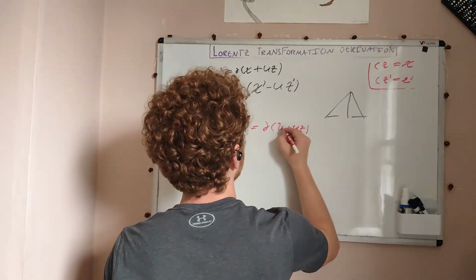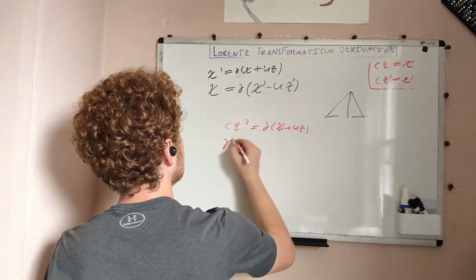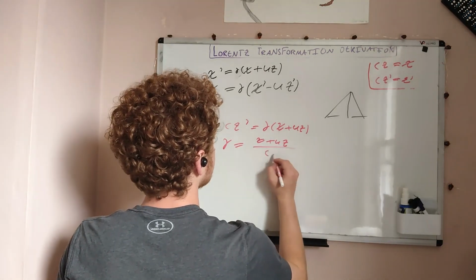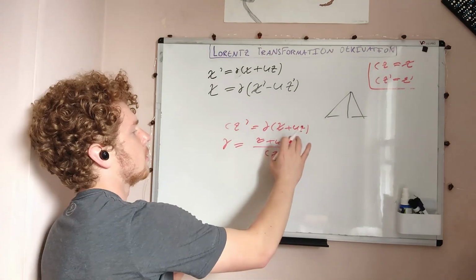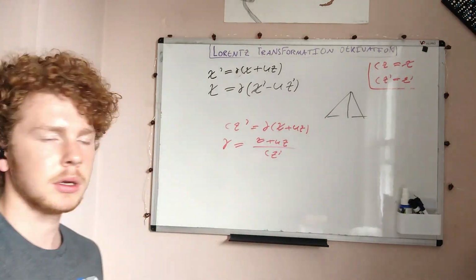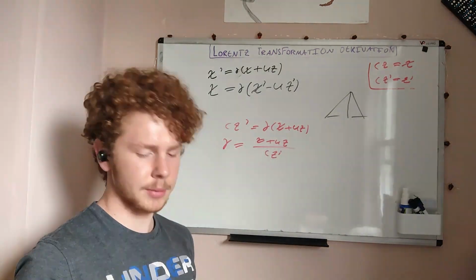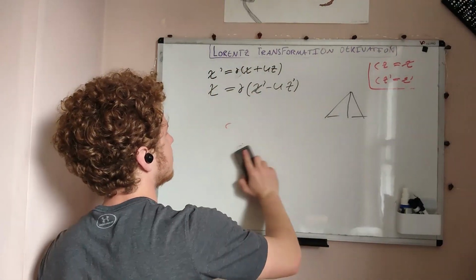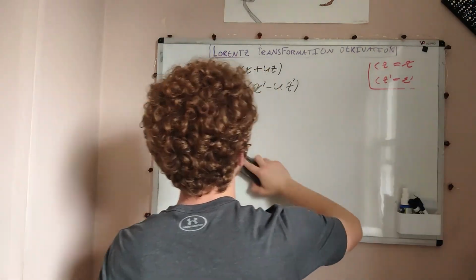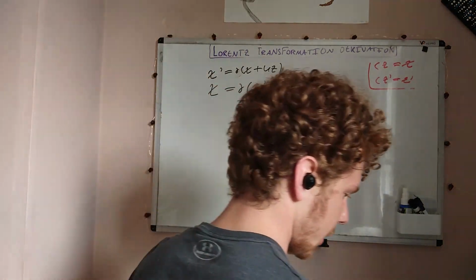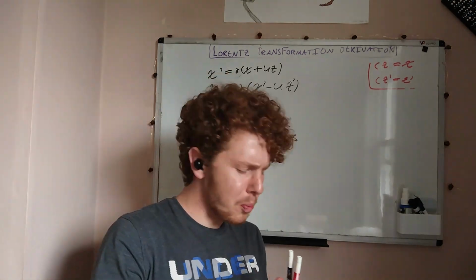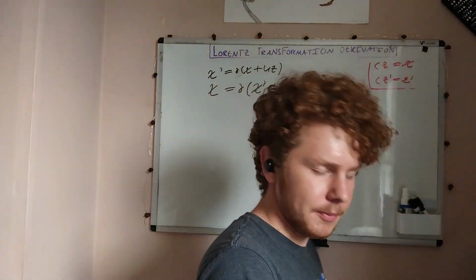Because if we were to solve for gamma here, it'd be gamma equals x plus ut over ct prime, right? And we don't necessarily know the relationship between the unprimed and the primed time. So you could try it like that, but it's not really going to get you anywhere. But it's good to try weird stuff.